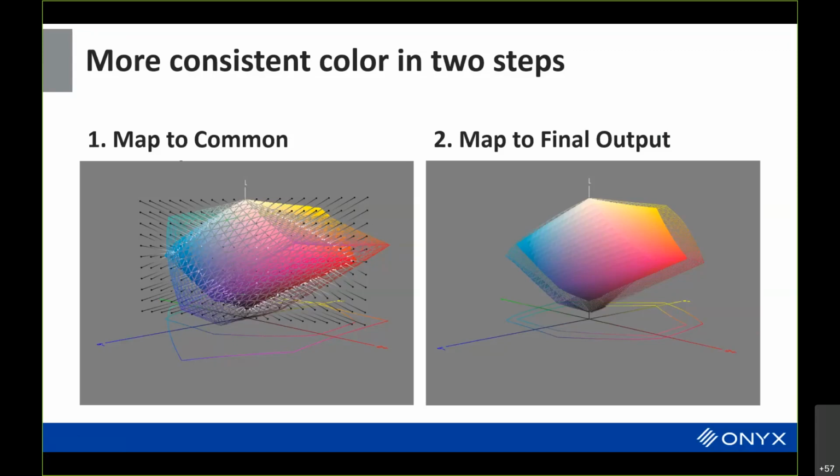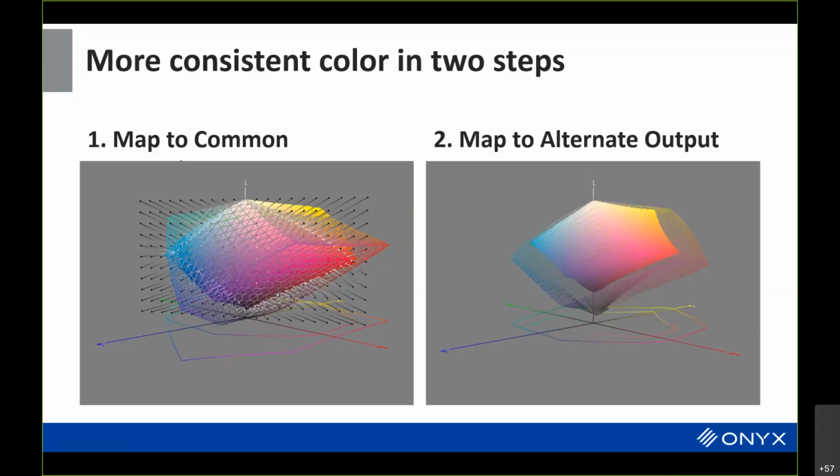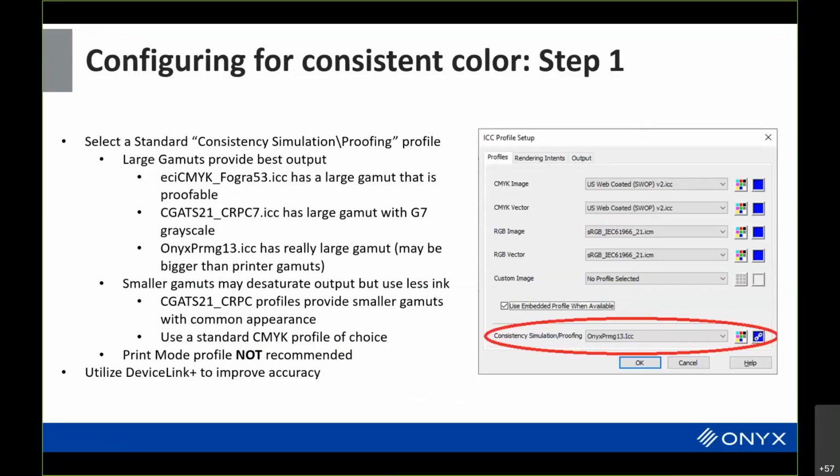And if you have smaller spaces, then we're going to do some additional mapping here, but it's still necessarily going to be much more similar than if you actually just went directly to that output space.